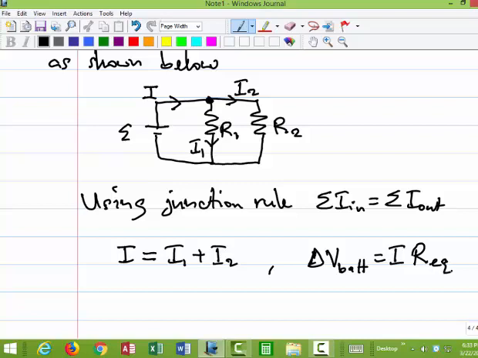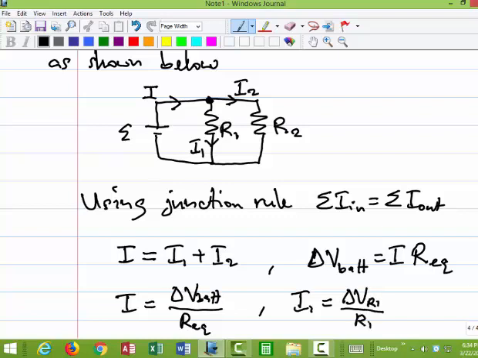Okay. So the current I in the whole circuit is given by the potential drop across the battery divided by R equivalent. And so this will also apply for I1, which is going to be the potential drop across R1, divided by R1.